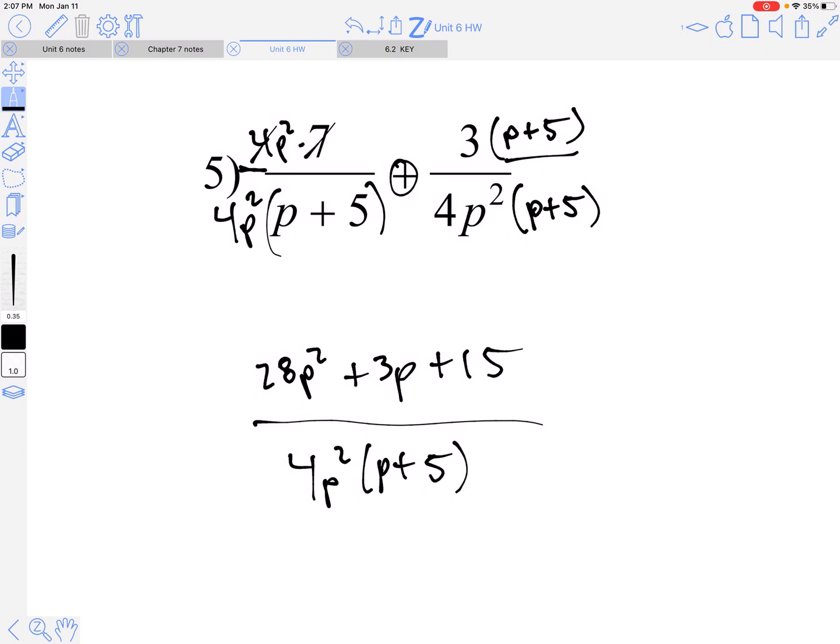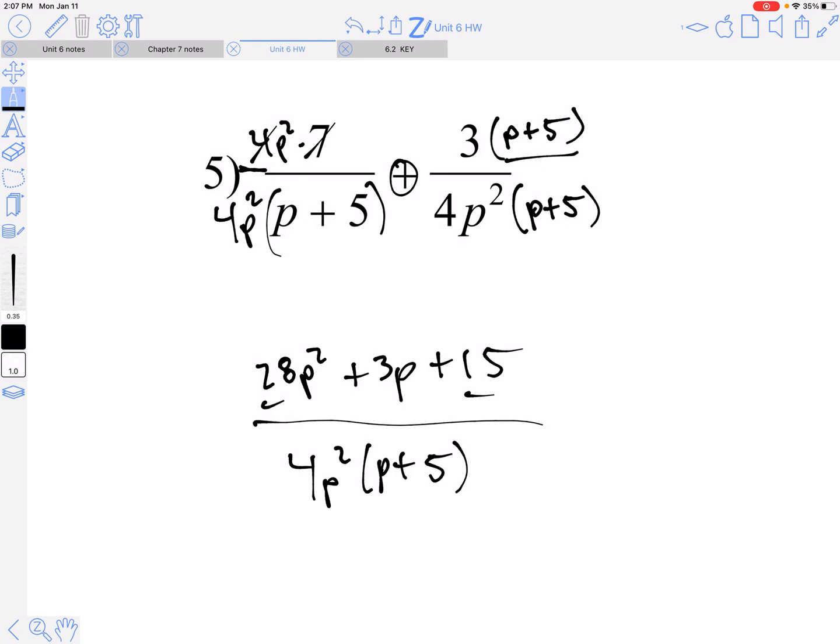All right, and I'm not going to multiply the denominator because I want to think if there's anything that will simplify here. Because I have a trinomial there, I'm going to have to do my a times my c. So 28 times 15, and that's 420.